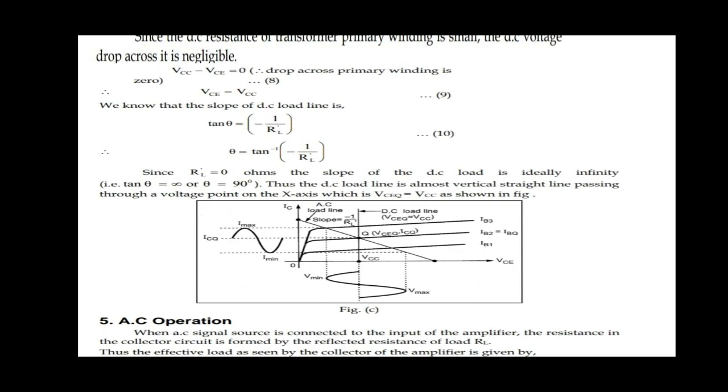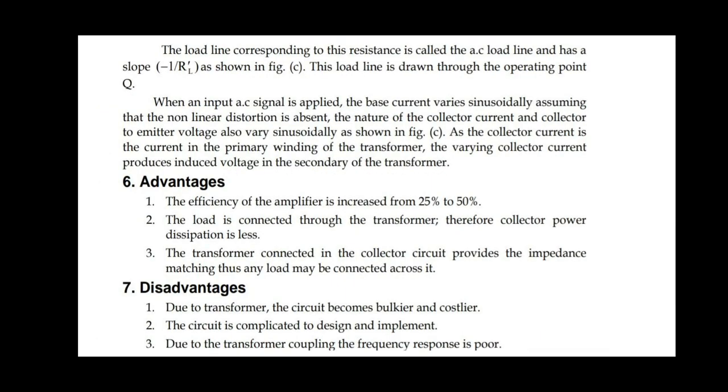For AC operation, when an AC signal source is connected to the input of the amplifier, the resistance in the collector circuit is formed by the reflected resistance of load RL dash. The load line corresponding to this resistance is called the AC load line and has slope minus 1 by RL dash. This load line is drawn through the operating point Q.